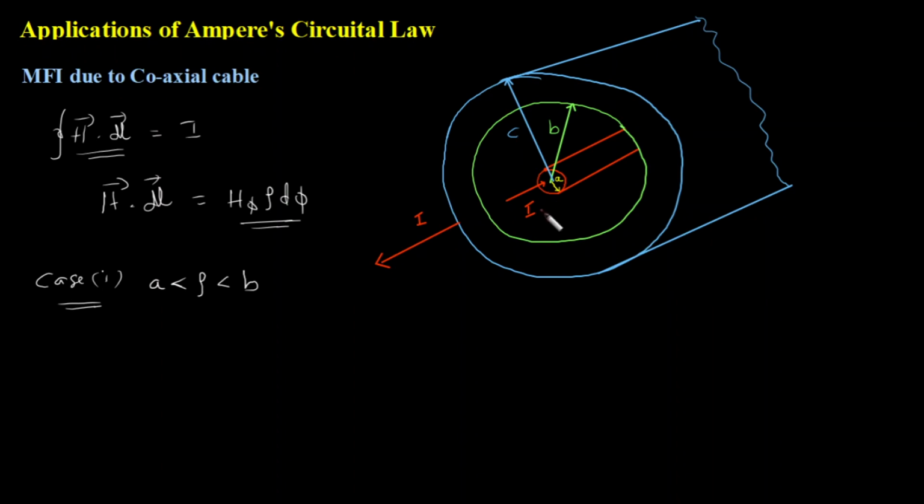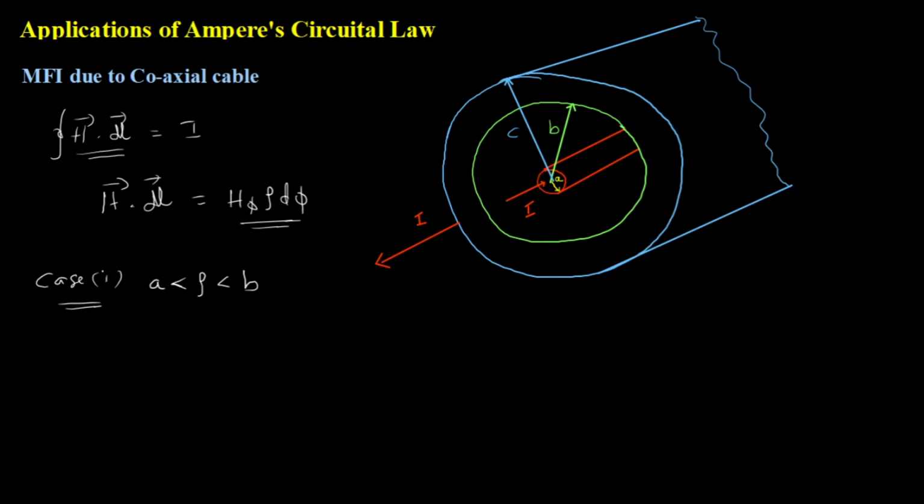Don't you agree? See, what is this inner conductor going to be? This coaxial cable is infinite. So this inner conductor also is going to be infinite and it is kept along the z axis. So this is the case of a current carrying conductor kept along the z axis whose length is infinite.